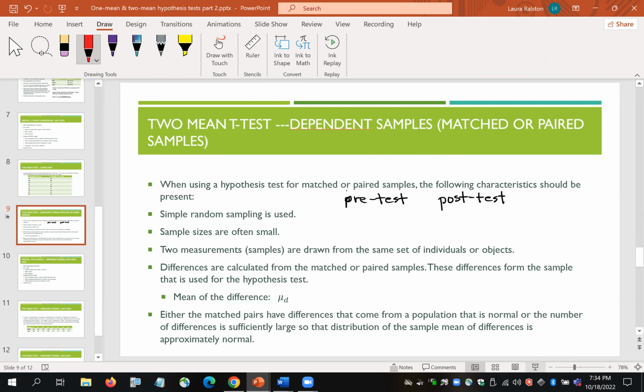The comparison, or the difference, means we subtract them, and we end up with some number. That list of differences becomes the sample that we actually analyze. So we're analyzing the mean of the difference between the two measurements. The symbol for that is mu, the mean, with a subscript d, which is the difference.